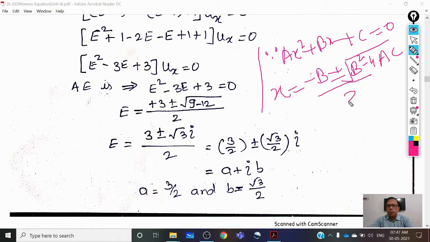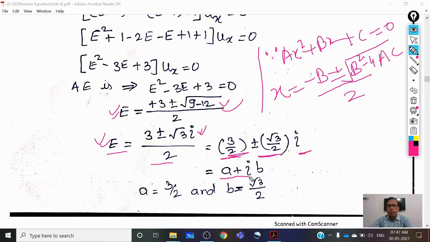So by using this formula, E equal to minus of minus 3, that is plus 3, plus minus under root of 9 minus 12, upon 2. On simplifying, we have E equal to 3 plus minus under root of minus 3 upon 2, or again simplifying this, E equal to 3/2 plus minus (√3/2) i.